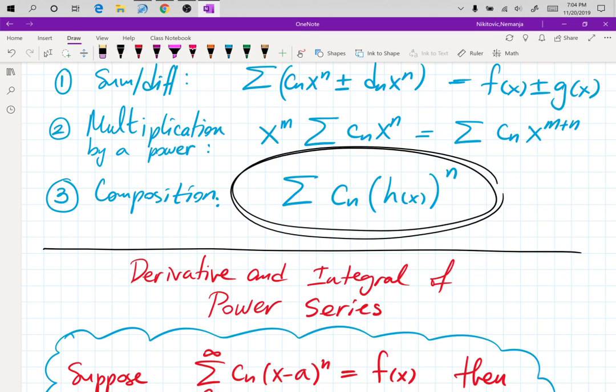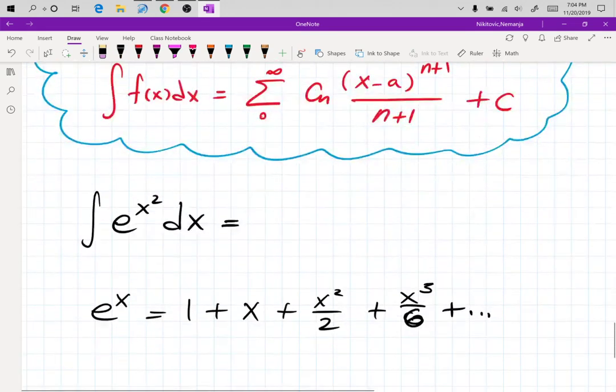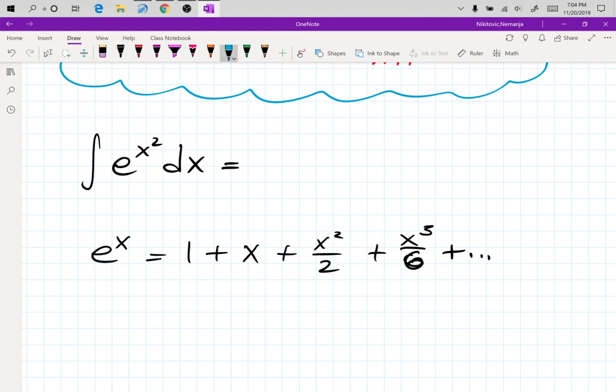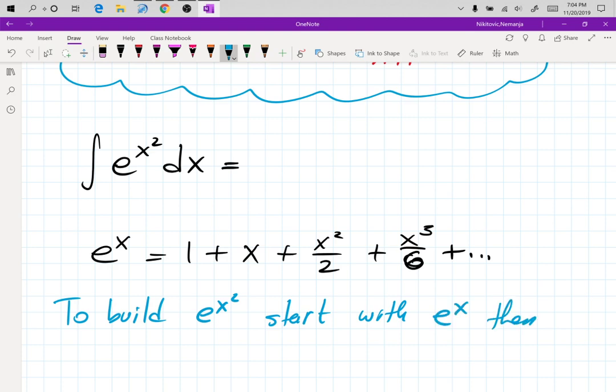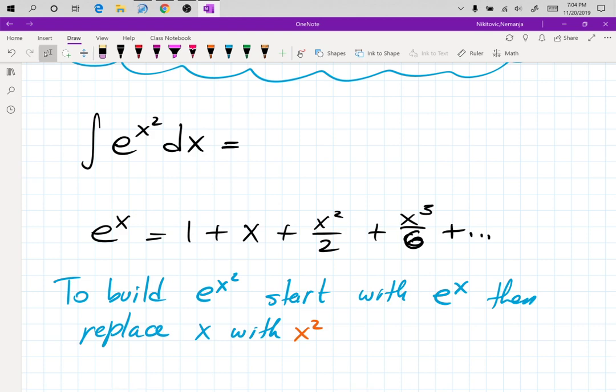To build e to the x squared, start with e to the x, then replace x with x squared. And then you get your e to the x squared.